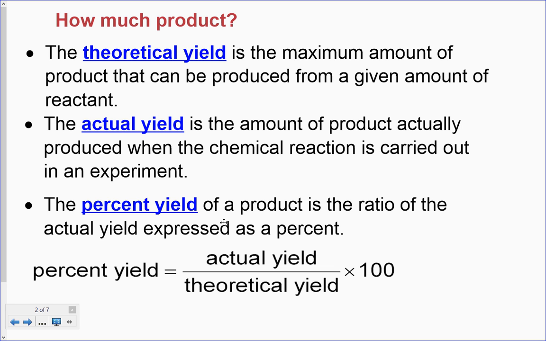And the percent yield is just the actual yield divided by the theoretical yield: what we actually get doing an experiment in the lab versus what we get from our calculations. So the actual we get from the lab, the theoretical we get from calculations, divide the actual by the theoretical, multiply it by 100 to change it to percent, and that's what gives us our percent yield.